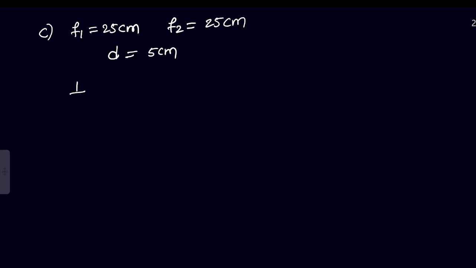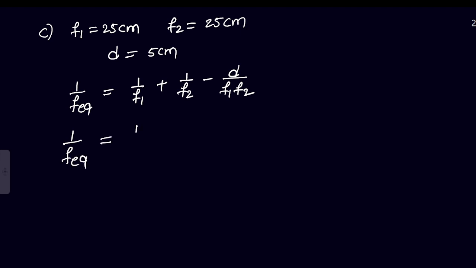Now, in this case, equivalent focal length formula is what, tell me now? That is 1 by F1 plus 1 by F2 minus D by F1 into F2 now. Now, you can find the equivalent focal length. It will be 1 by 25 plus 1 by 25 minus D value 5 by 25 into 25, and simplify and get it.